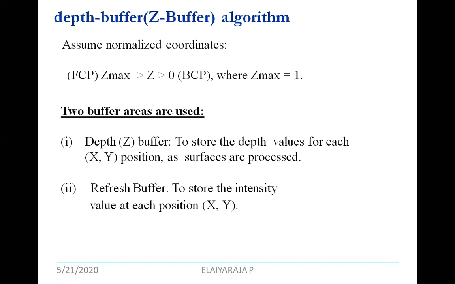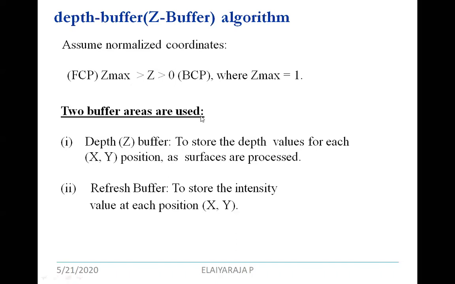Similarly, in the depth buffer algorithm, you take the value z equal to 0 and z max equal to 1, assuming normalized coordinates, with the front clipping plane and the back clipping plane, where the z value is 0 to 1, right?